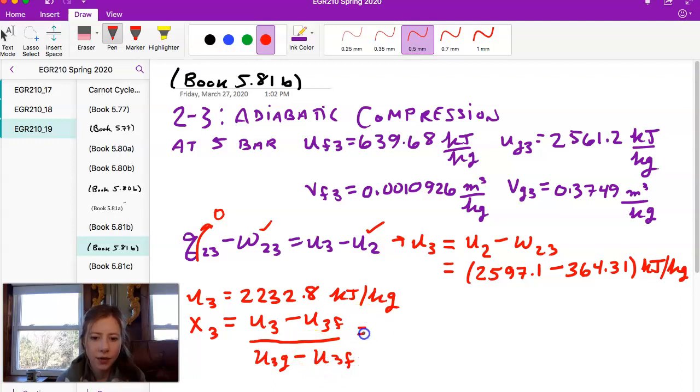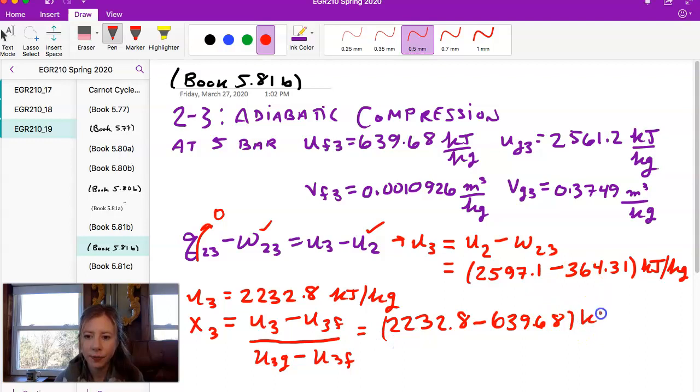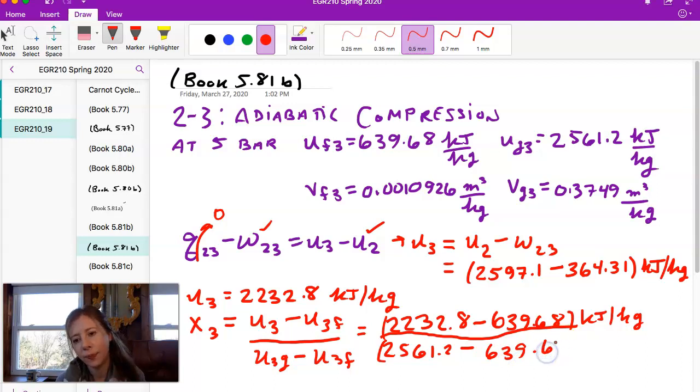Okay, and so that's going to be equal to U3, which is 2232.8, minus U3F, which is 639.68, in kilojoules per kilogram. And then let's divide that by U3G, which is 2,561.2 minus 639.68 kilojoules per kilogram.